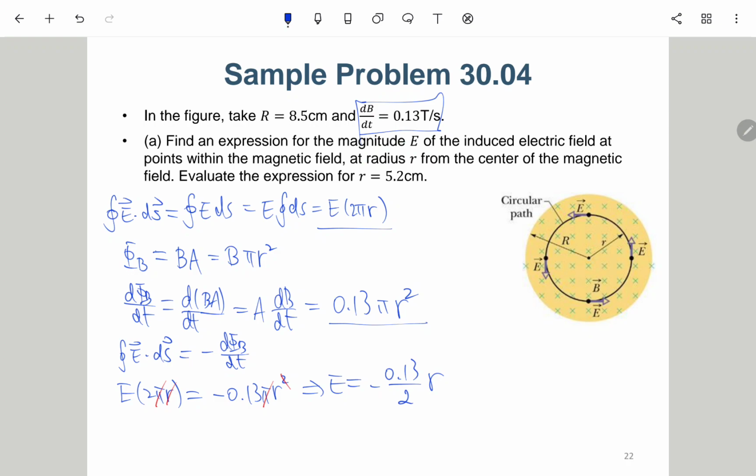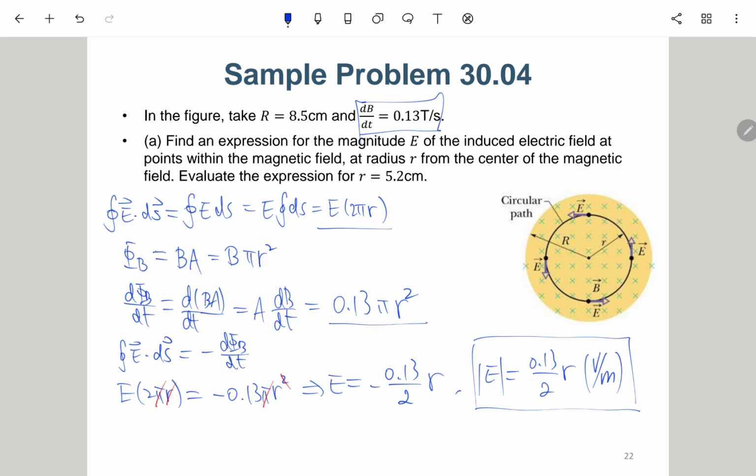Actually we can just take the absolute value, so E equals 0.13 over 2 times r, and the SI unit should be V over m, volt per meter. So this is the expression of the induced E field in terms of r.